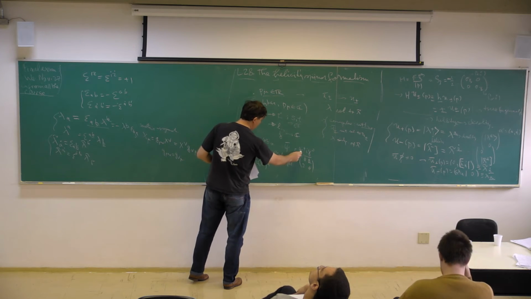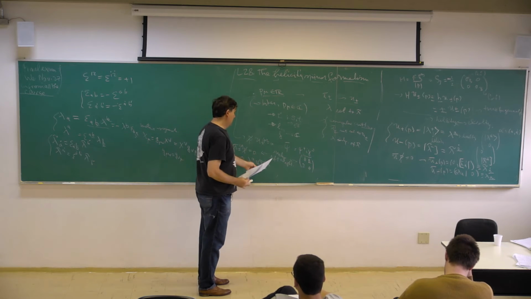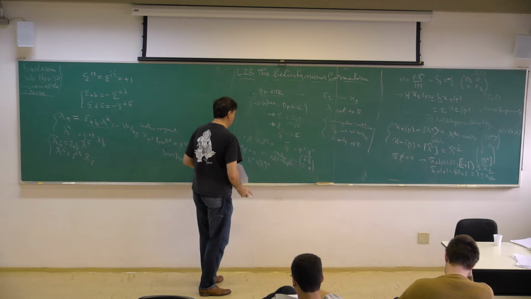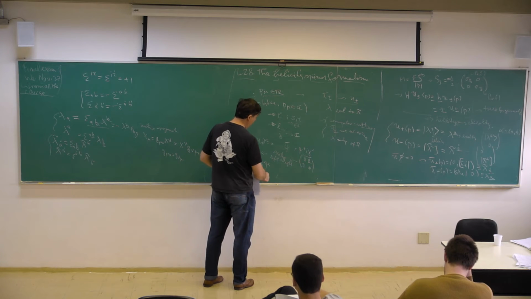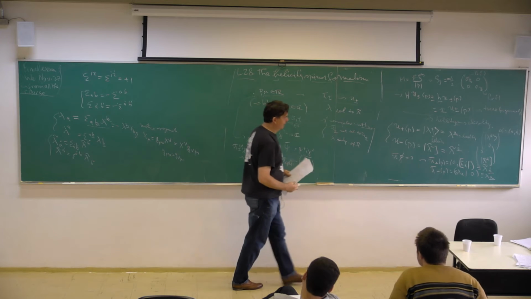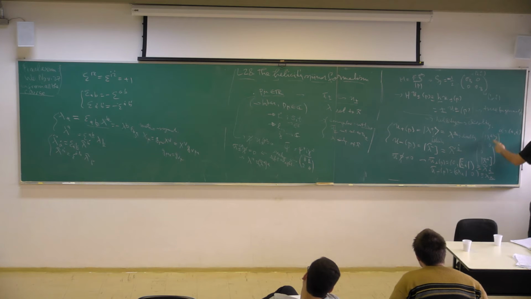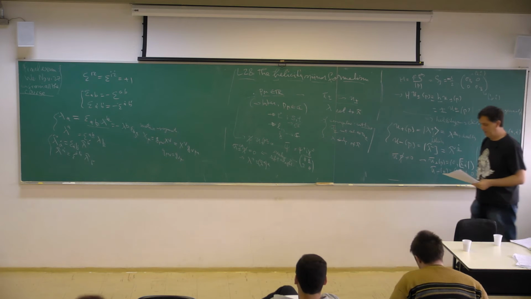So I need to take the complex conjugate and then exchange left and right, which amounts to exchanging λ with λ̃. Lambda and lambda tilde, remember, are in different subsets.